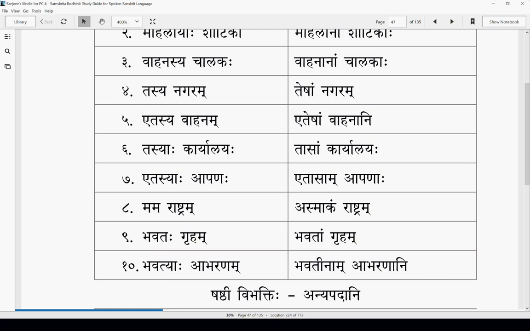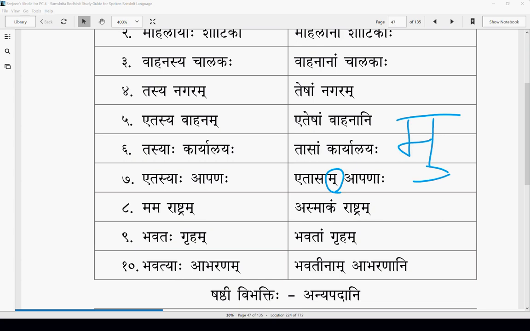Sanjay, just a last question here. I see most of the words use Anuswara at the end, right? That's the way it should be, right? Not the Ma. I'll explain that in the next class. For now, don't get confused with this Anuswara. If you use Ma at the end, it is always correct.